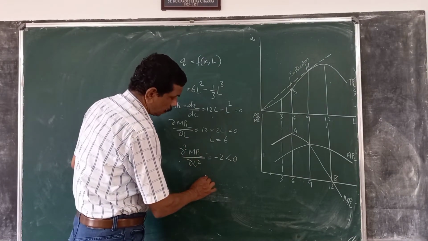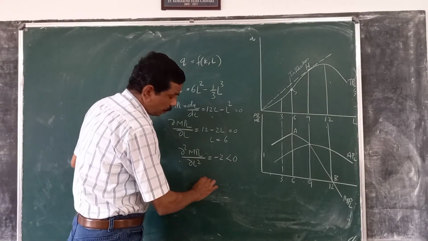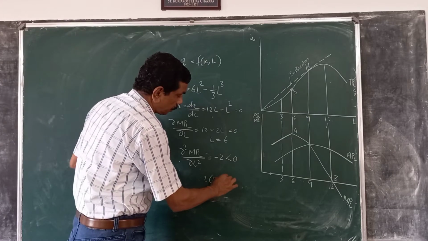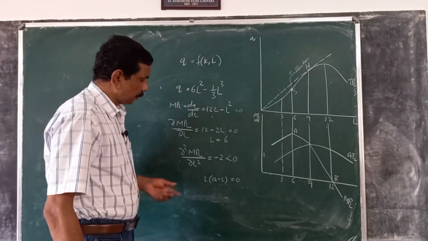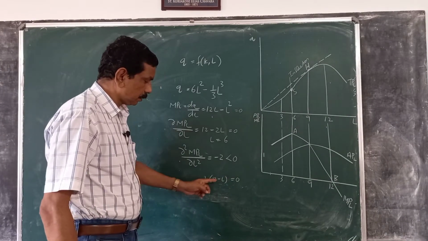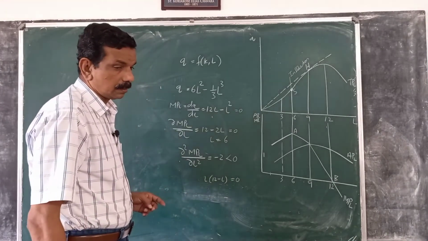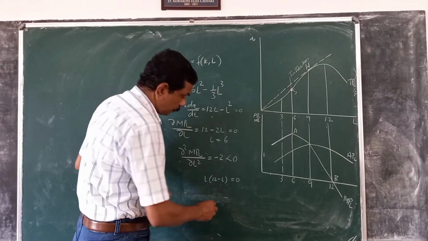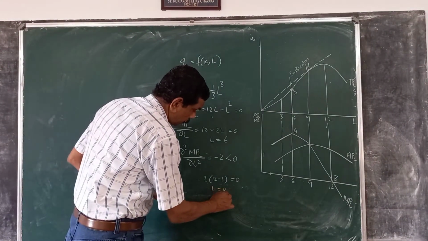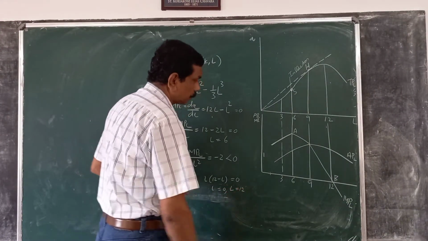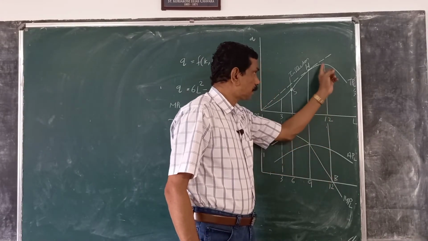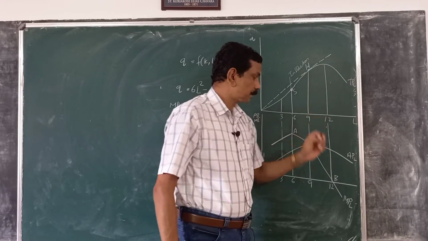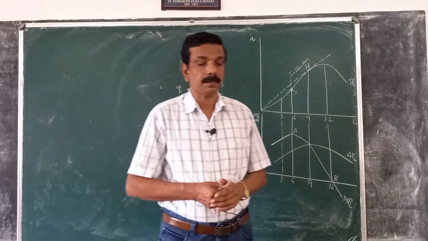This can be written as L into 12 minus L equal to 0, and we have L equal to 0 or L equal to 12. So, when L is equal to 12, total product is maximum and the marginal product is 0.